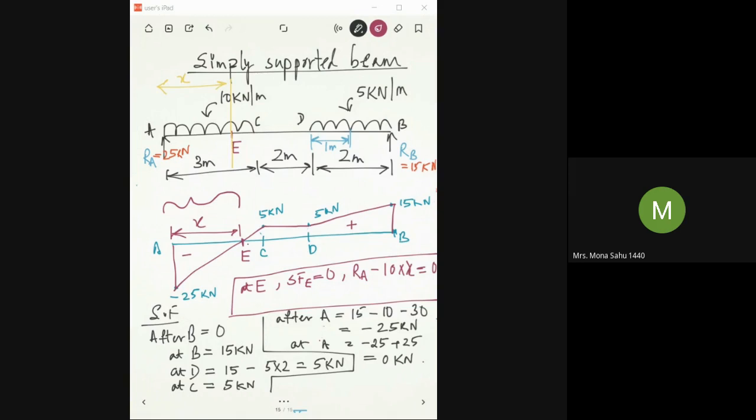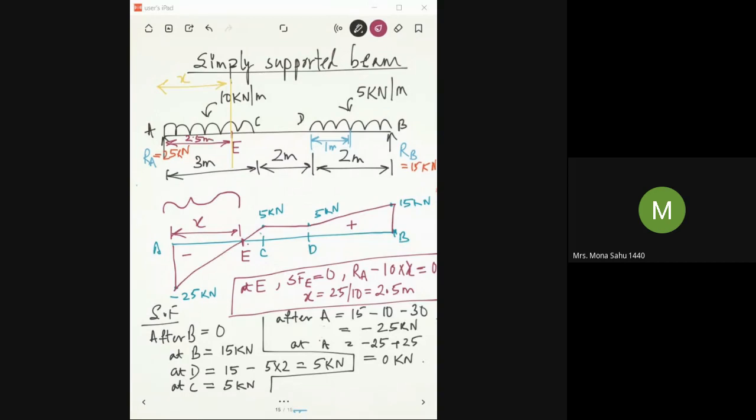Clear? RA is 25, so X equals 25 by 10, which is 2.5 meters. So this distance is nothing but 2.5 meters.